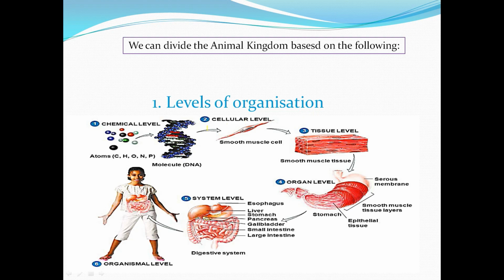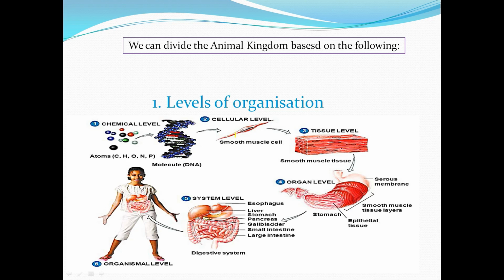The levels of organization: we have already learned that many types of atoms and molecules together form the cell, and cells together form the tissues, tissues together form organs, many organs together form the organ system, and all the organ systems form an organism.